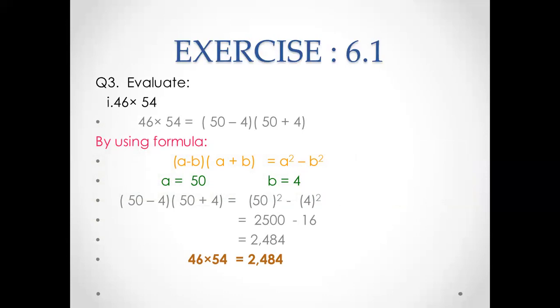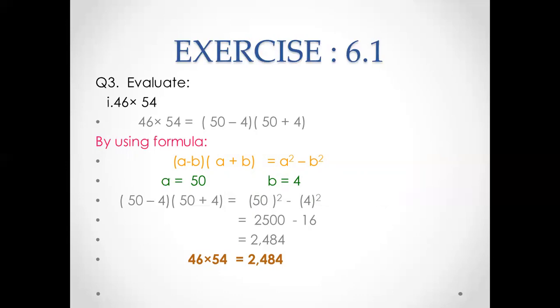Between 46 and 54, you always see the largest number, which is 54. So first we make the parts of 54. We divide it into two parts: 54 we can write as 50 plus 4.